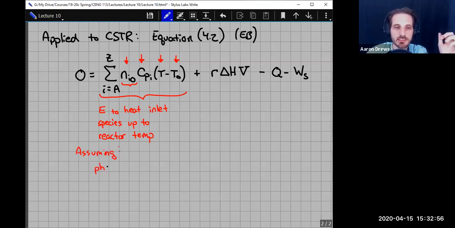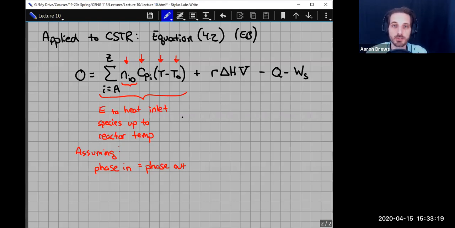So the assumptions here is that phase in is equal to phase out. So if you feed component A as a liquid, component A has to come out the other side as a liquid. If you feed component B as a gas, then component B has to come out as a gas. It is okay if A and B are in different phases.